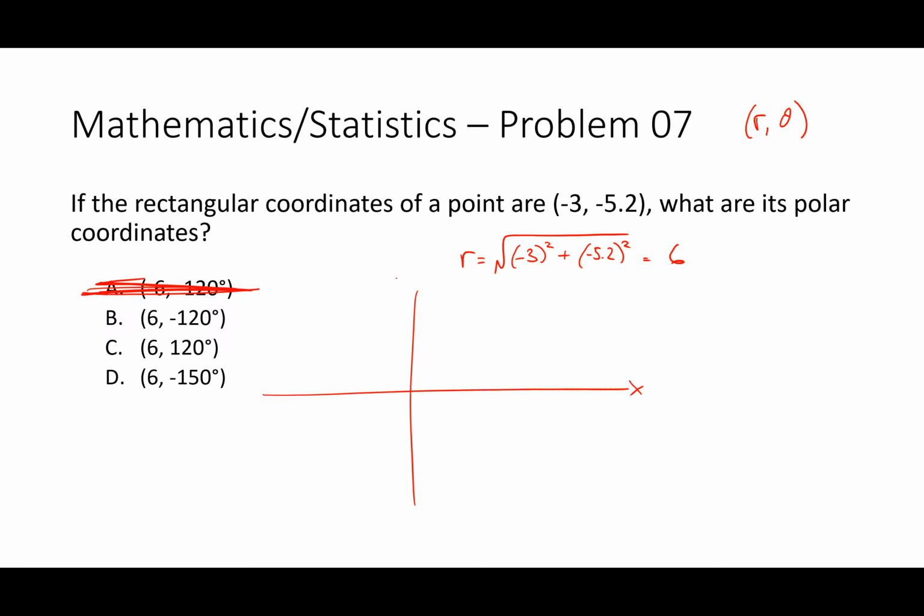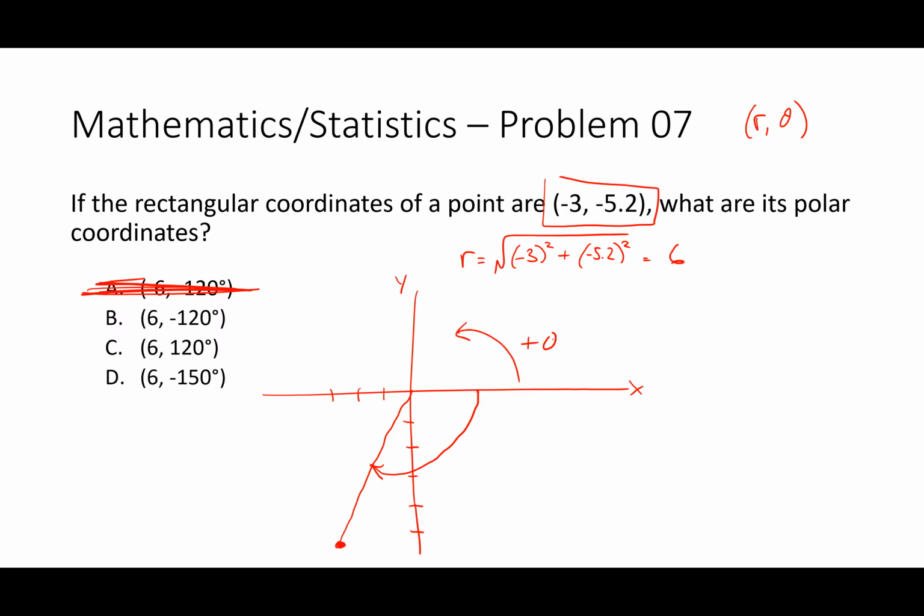So x, y. If I were to plot this point in just xy coordinates, 1, 2, 3, 1, 2, 3, 4, 5, it's going to be like this. And so kind of drawing that to scale, my angle is going to be that, or it's going to be going this way.